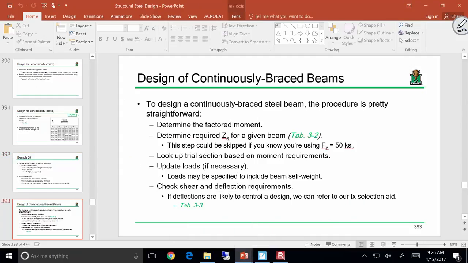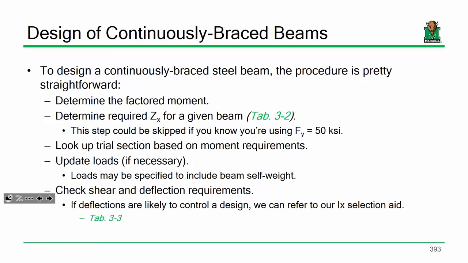If you understand that, then design is pretty straightforward. If you want to design a continuously braced beam, you start off determining the factored moment. I have here determined the required Zx. I'm not sure that's necessary if you know you're dealing with 50 ksi steel. Since the guide is for 50 ksi steel, you could literally just look up the phi Mp and be good.